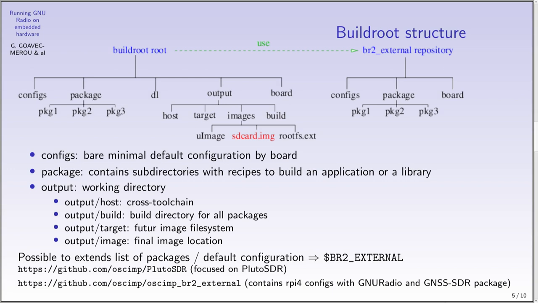There is a configuration for the Raspberry Pi 1, Pi 2, 3, 4, BeagleBone, BeagleBone Black, Beagle 5, etc. By bare minimal, I mean it's the strict required set of applications and information to be able to build a system and to have a bootable image.